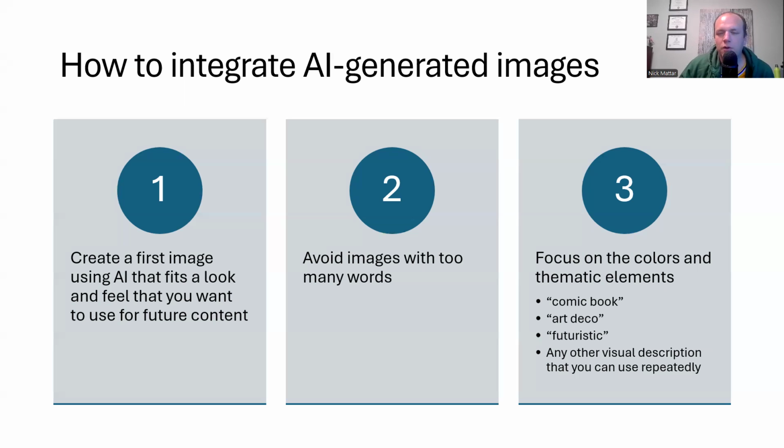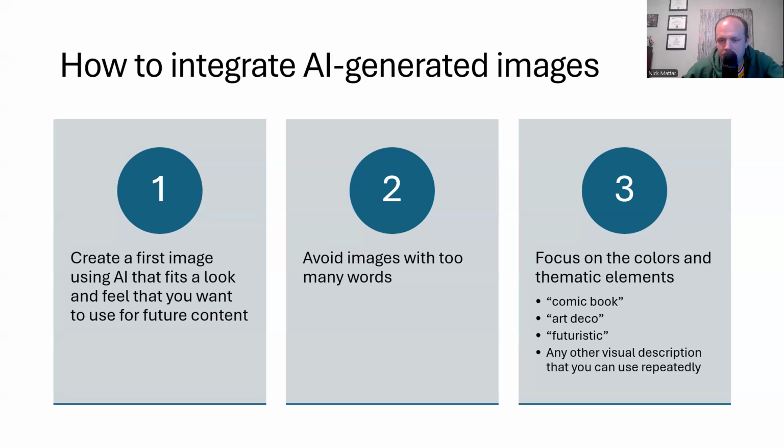You want to focus on the colors and the thematic elements. And this is where a specific GPT, like Super Describe, can help, or you can look to a lot of other programs through Futurepedia where you can upload your own color palette or really work on describing what it is that you want to show.